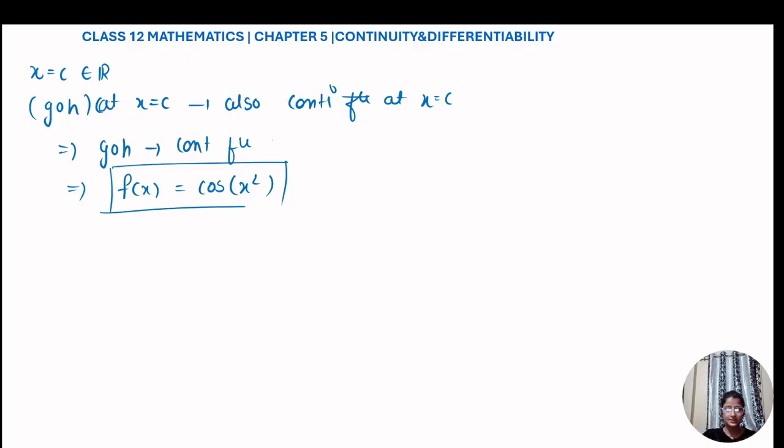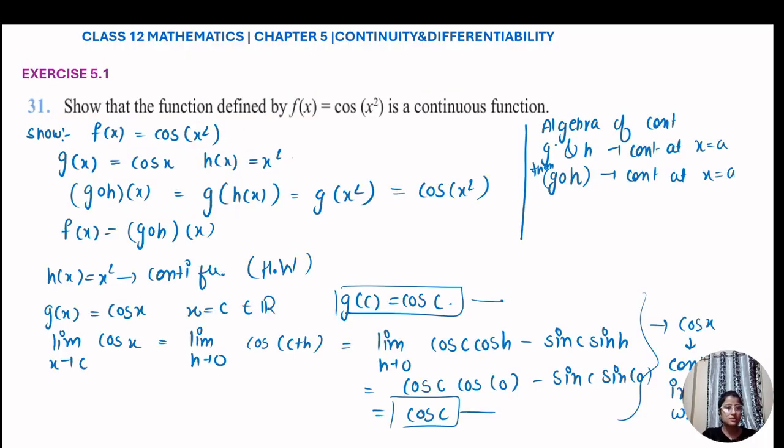I am telling this because I have experience of this in my board also. Algebra of continuity is a very important topic, a base for you guys. You should understand it properly. That's why you have different types of questions, for their sum, for their multiplication. Now you also see an example for the composition. So it's a very good topic.